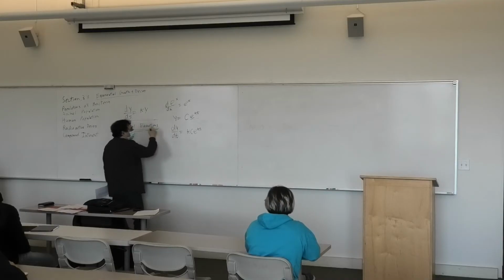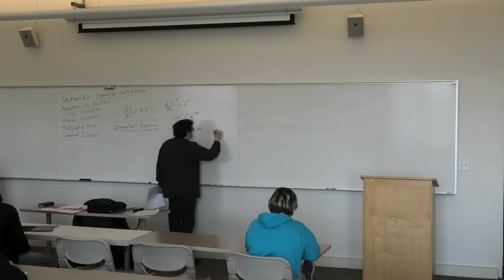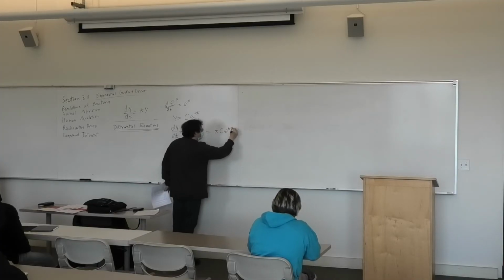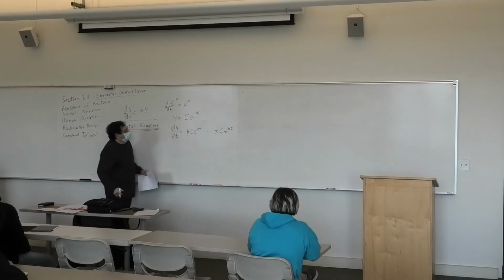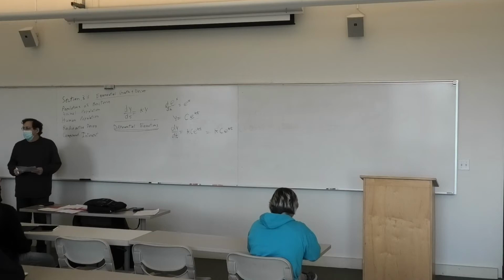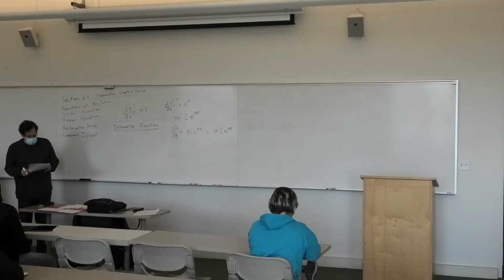All right, so we set that into ky, k c e to the kt. Well, that's nice. That works. That's a solution. It doesn't guarantee that's the only solution, but in this particular case, it is.